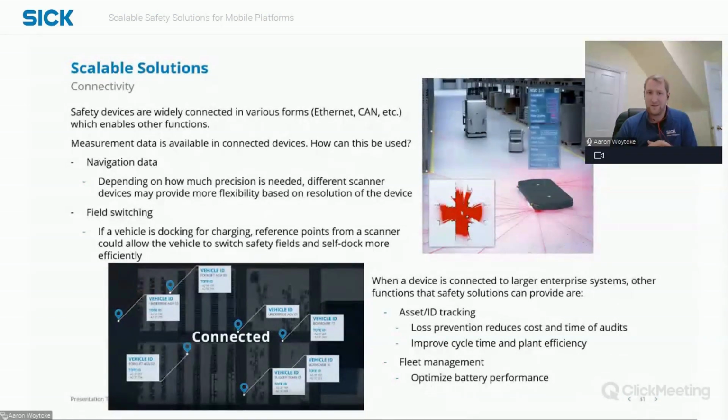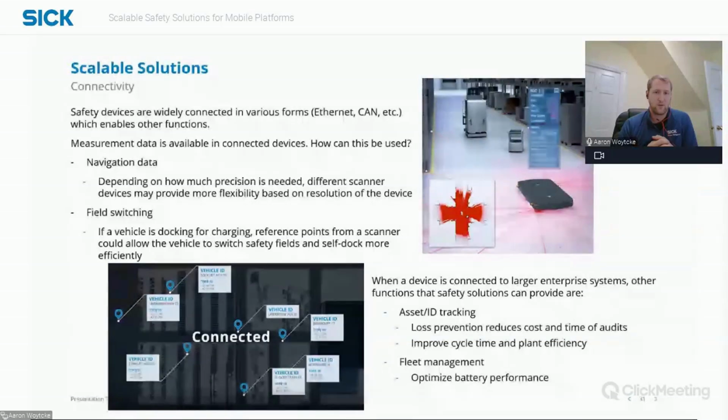So asset and ID tracking can help with preventing loss or having someone go and find out where this mobile platform is. It's going to reduce cost and maybe time of audits if people are coming through and auditing the plant. You can improve cycle time and plant efficiency by knowing exactly where each vehicle's at. It can help the enterprise system move vehicles from A to B more effectively.